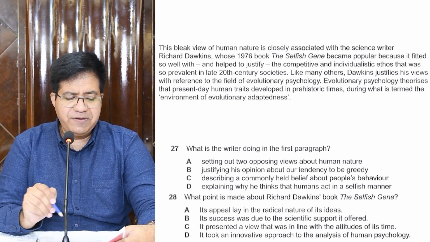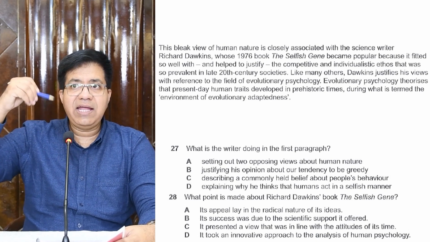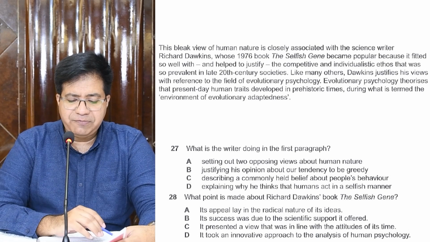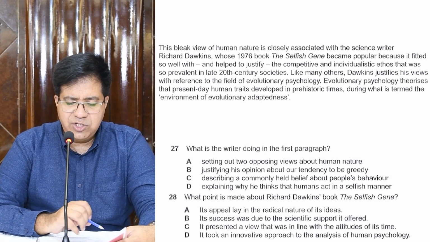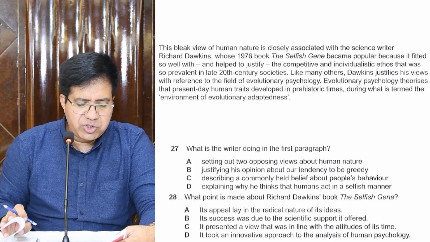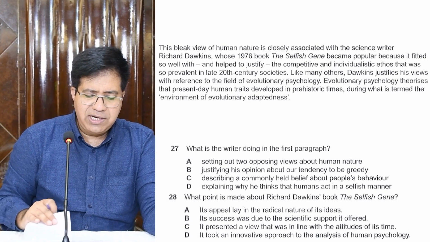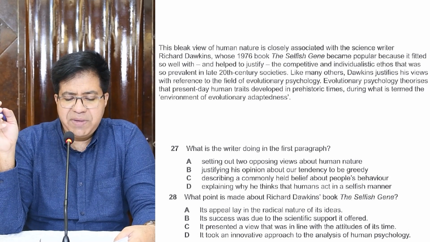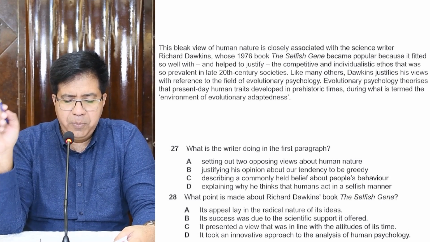Focus on this: it fitted so well. I mean, the ideas given in the book fitted so well and helped to justify the competitive and individualistic ethos that was so prevalent in late 20th century societies. So, what point is made about Richard Dawkins' book?